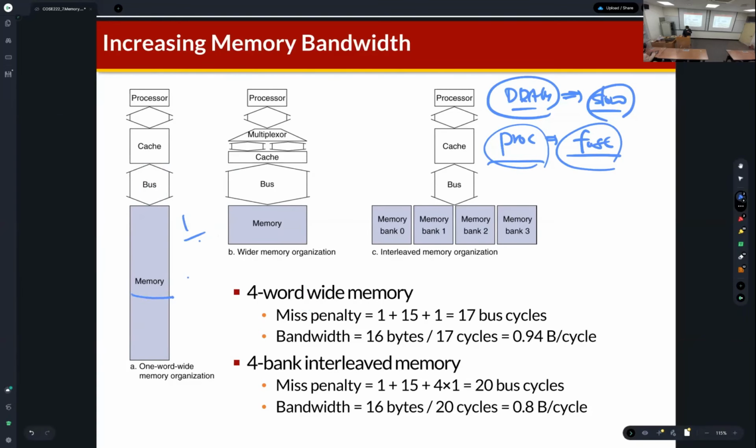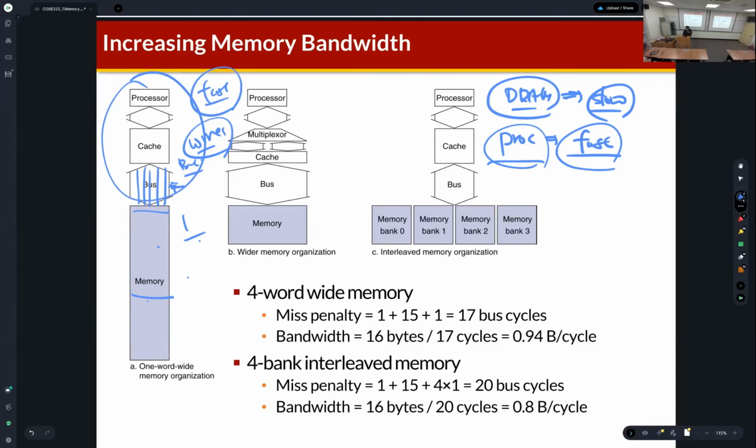This is the memory, and this is the memory bus, the wires that connect the processor and the memory. The width of the bus is the same as the width of the memory. The problem is that the memory is very slow, and this part is very fast.